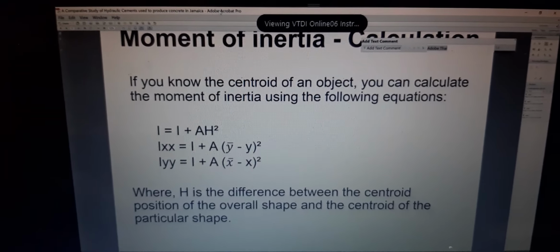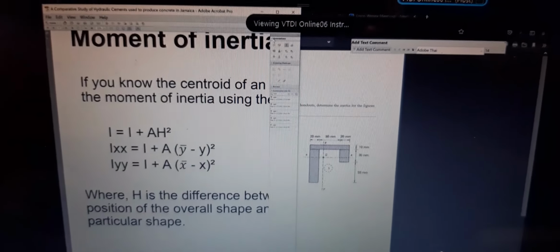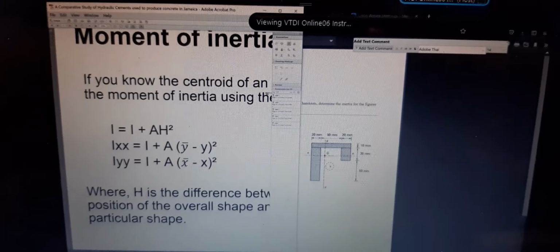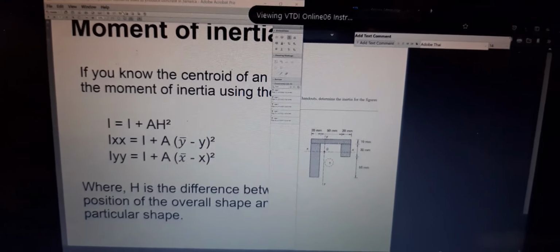Let's try it. I have something concerning the formula. I want to understand it in the easiest way possible so I can remember.